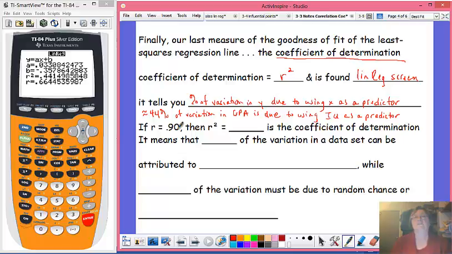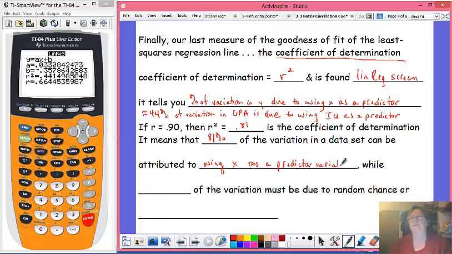So if R were to, in some other data set, be 0.9, then R squared would be 0.81. That would be the coefficient of determination, and it would mean that 81% of the variation in the data set can be attributed to using x as a predictor variable.